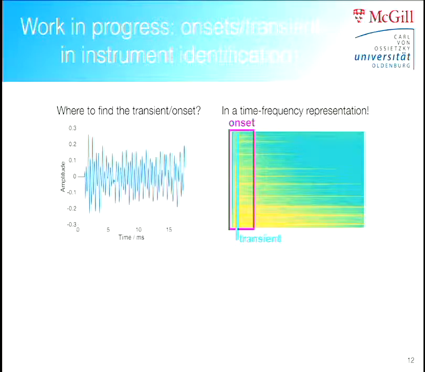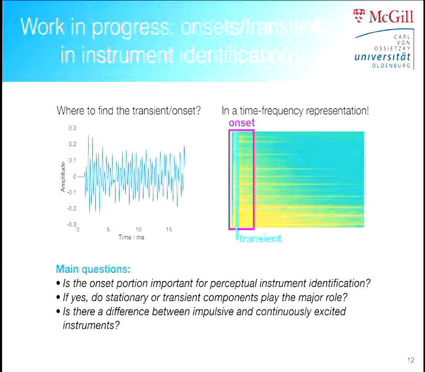And then the main questions that arise are, is the onset portion important for perceptual instrument identification? If yes, which component is important? Is it the stationary components, or is it the transient components, or is it both? And then perhaps as a third question, is there a difference between impulsive and continuously excited instruments?